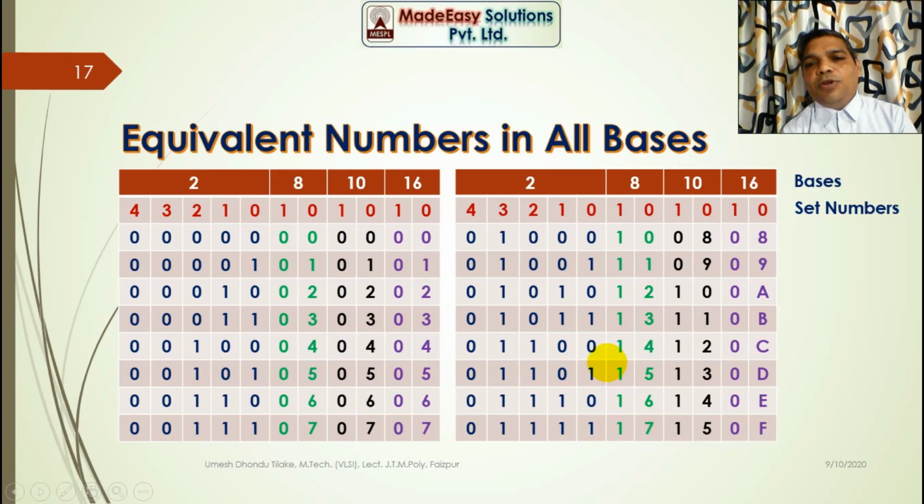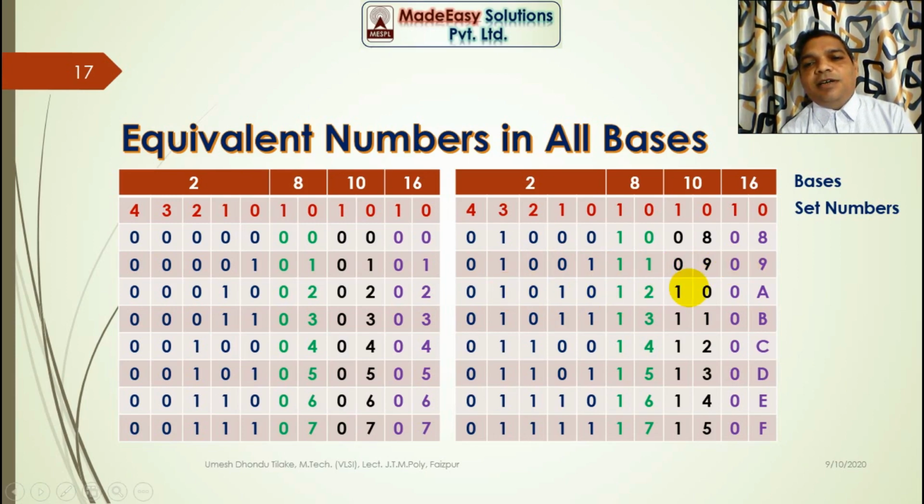So 01000 in binary is equal to 10 in octal, 08 in decimal, 08 in hexadecimal. Then 01001 in binary is equal to 11 in octal, 09 in decimal, 09 in hexadecimal.